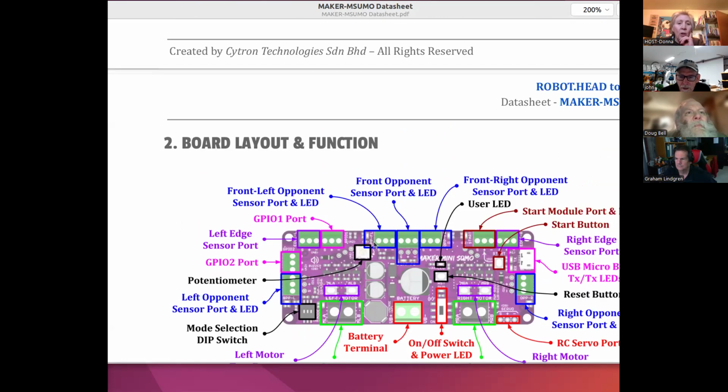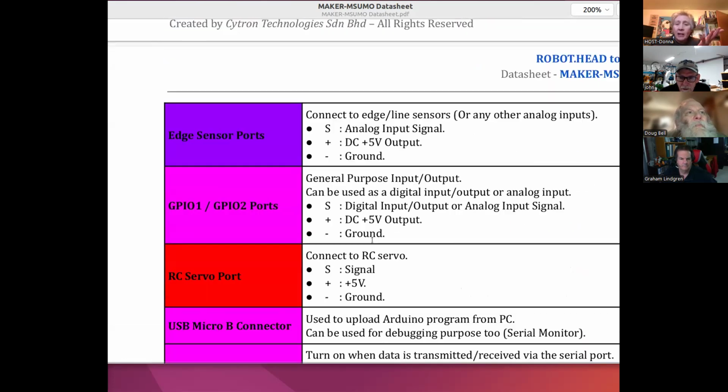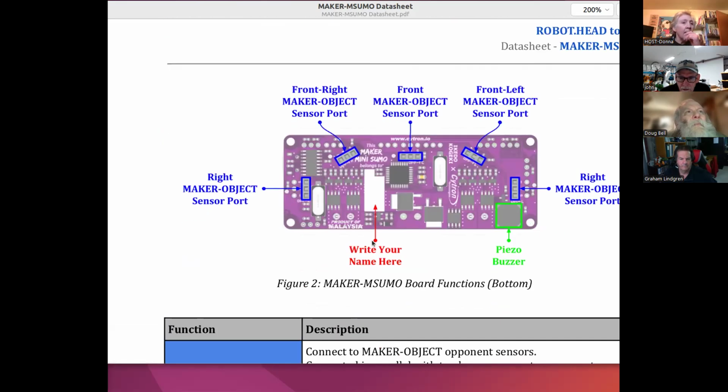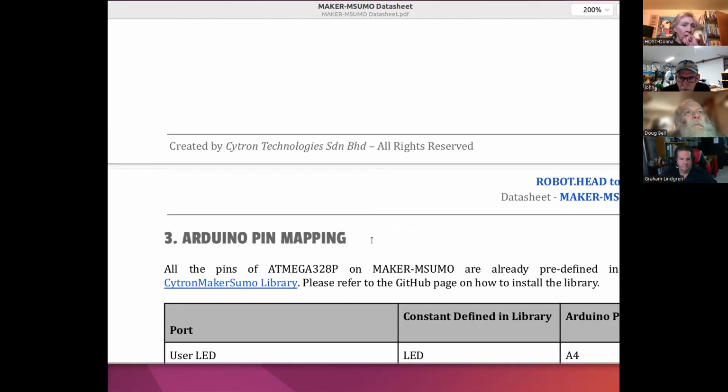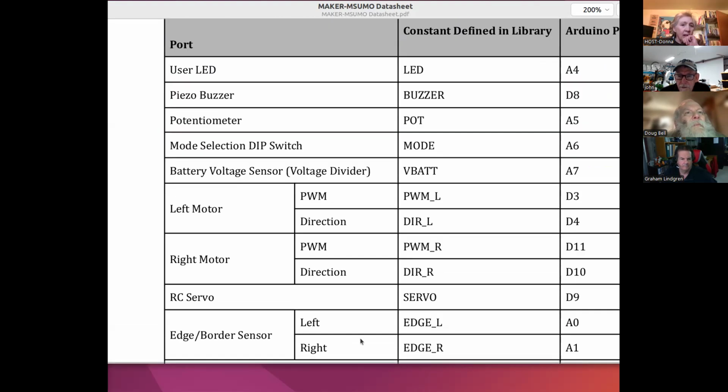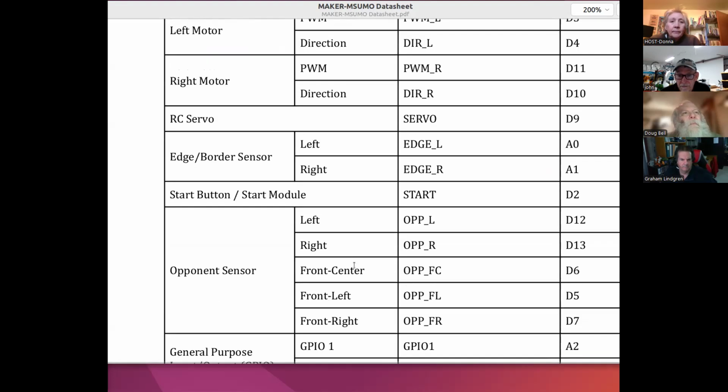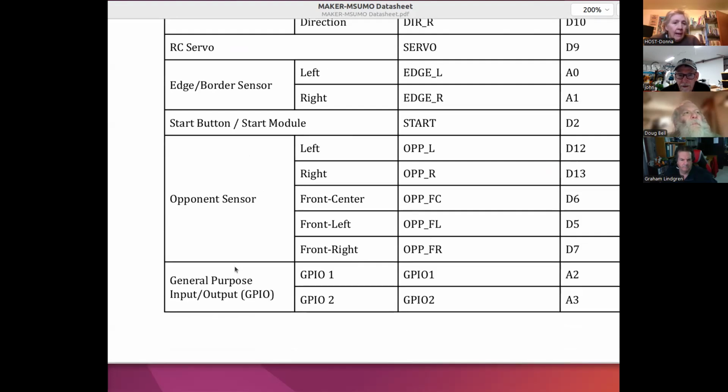In other words, I know that doesn't help with your I squared C protocol, but it does address other I/O that isn't directly used by other dedicated ports on the board. Exactly. They call it a general purpose one. So it's hooked up to analog 2 and 3.